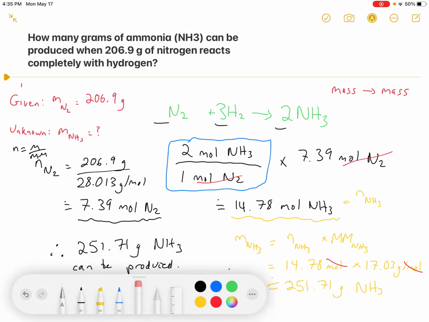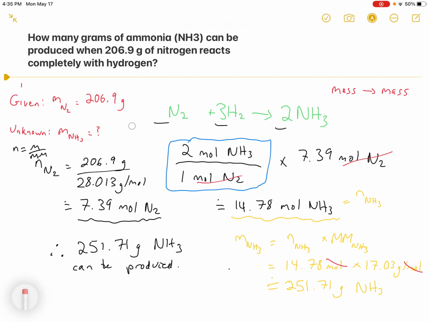So just to recap, we first determined our givens and our unknowns based on what was available in the question. We extracted that information, and from that we were able to determine that this was a mass-to-mass stoichiometry problem. Then we took the information we did have, which was the mass of nitrogen, and converted it into a value of moles.